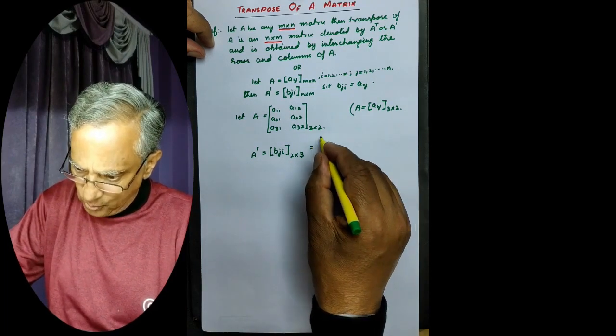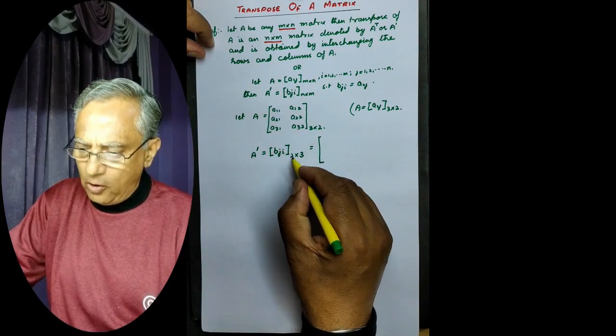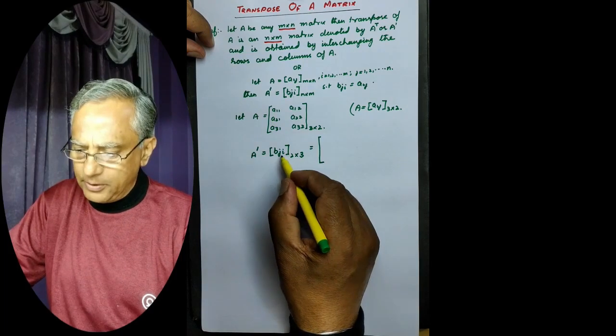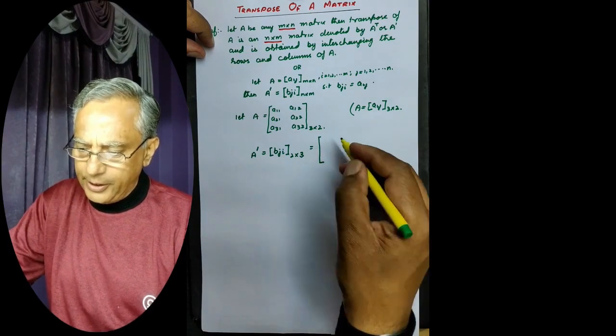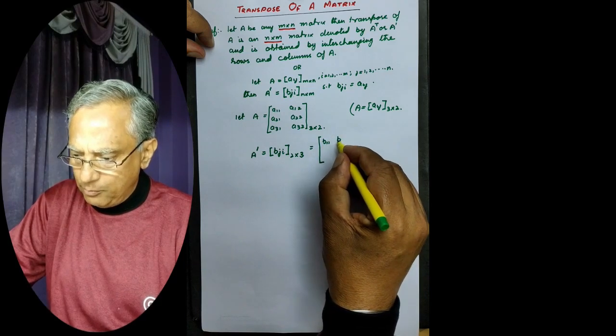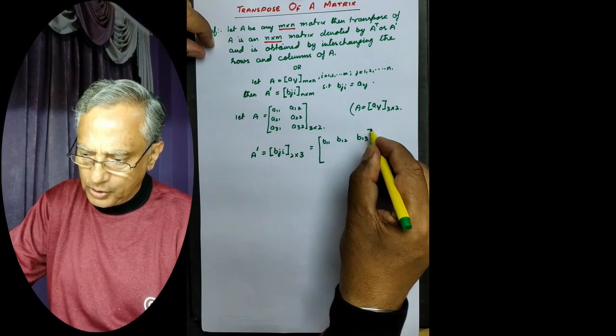And this is equal to, now the row index will vary from 1 to 2 and the column index will vary from 1 to 3. So the first row will be B11, B12, B13.